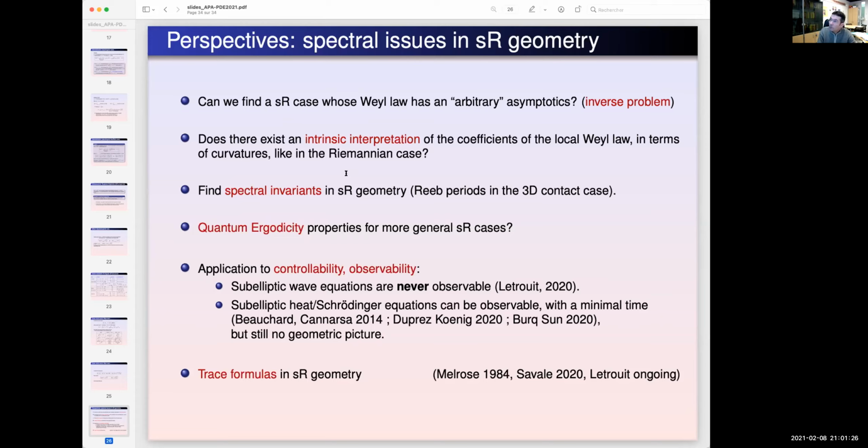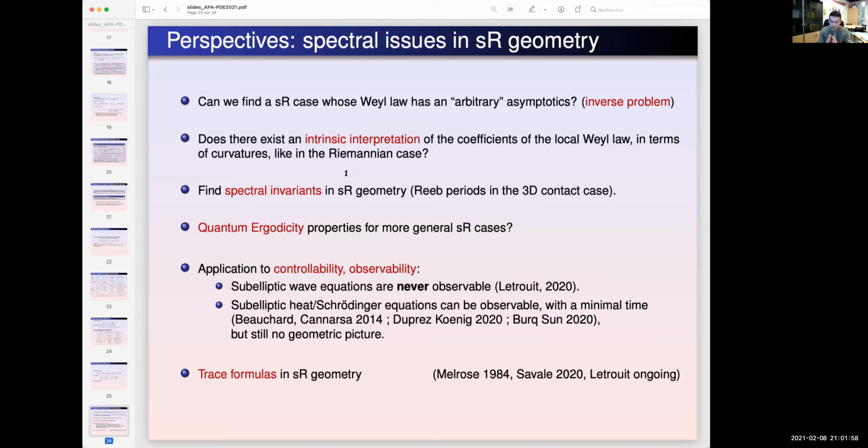This is where we miss a geometric picture, because in the subRiemannian context, the geodesic flow, which becomes the subRiemannian geodesic flow, is not sufficient to characterize observability, because the flows generated by Lie brackets also come into the picture.